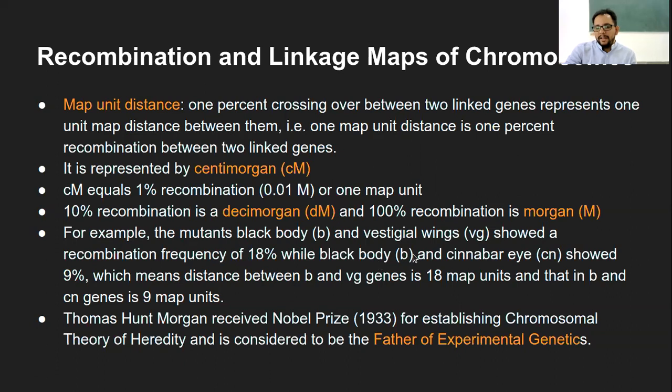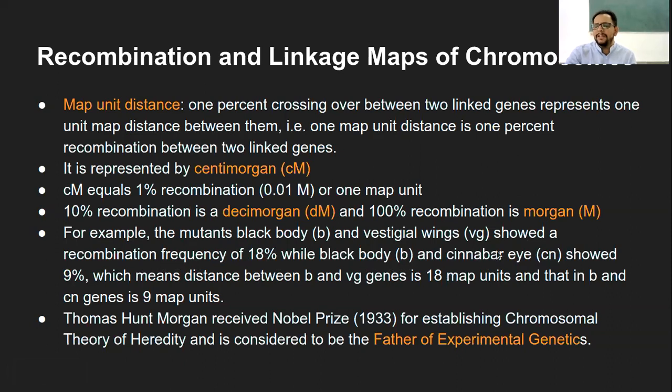While the black body and the cinnabar eye, that is another gene on the same chromosome next to black body itself, showed 9% recombination frequency. So just by looking at these numbers, you can imagine the B gene, that is the black body gene, and the cinnabar eye gene.